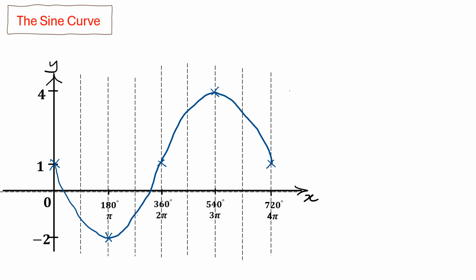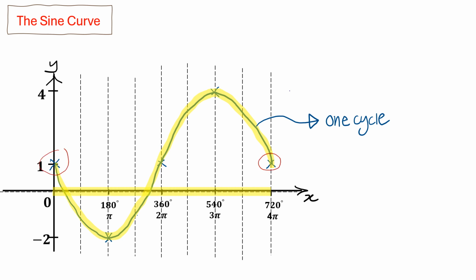Right, so let's see how we can come up with the function for this curve. So that is one cycle. Basically you must remember, one cycle, you start with 1 here. Can you see also you end, if I'm going to use a dotted line to show you, so that's one cycle.